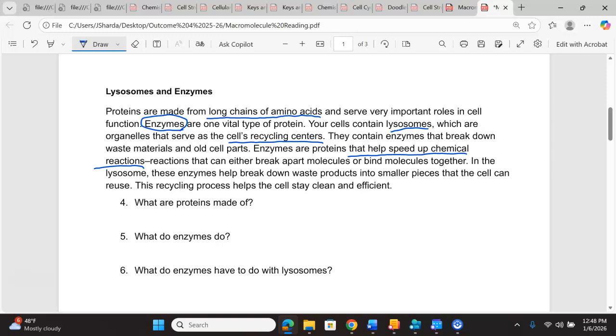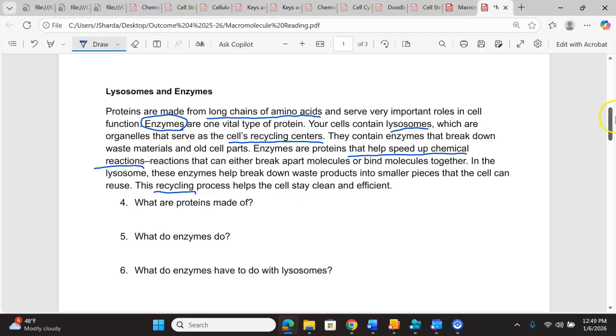Reactions that can either break apart molecules or bind molecules together. In the lysosome, these enzymes help break down waste products into smaller pieces that the cell can reuse. This recycling process helps the cell stay clean and efficient. Okay, so it's kind of a recycling organelle.